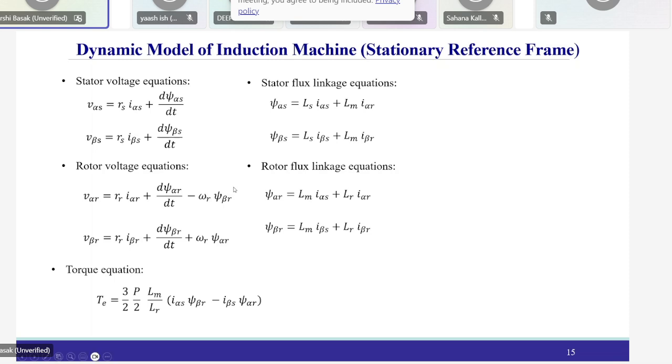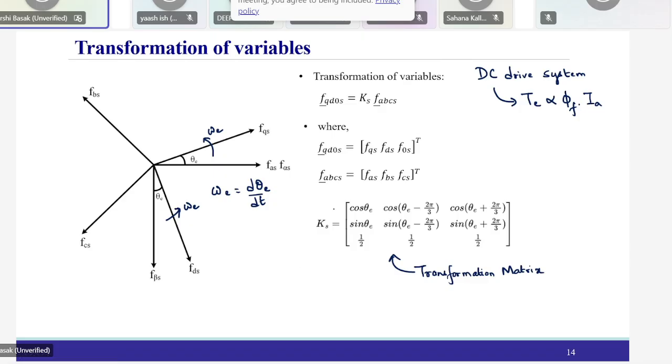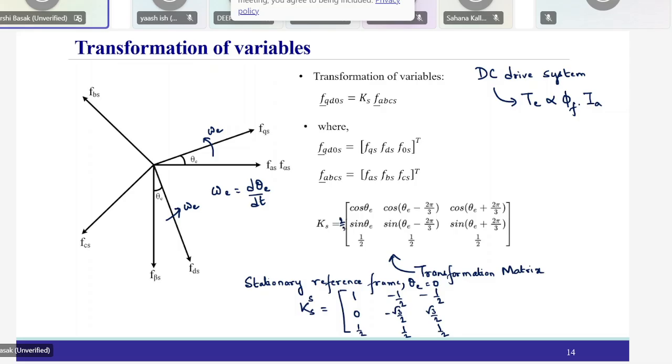To derive the stationary reference frame, you just substitute theta e equal to 0, then Ks will become this: 1, minus half, minus half; 0, minus root 3 by 2, root 3 by 2; and half, half, half. I think the 2 by 3 is missing here.